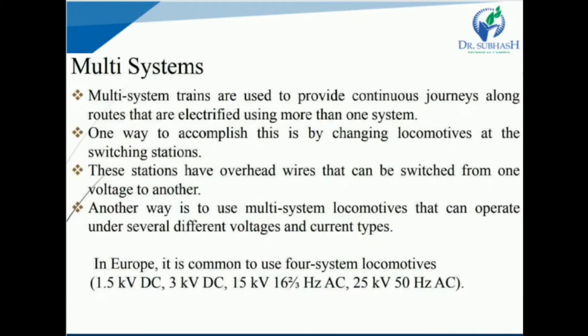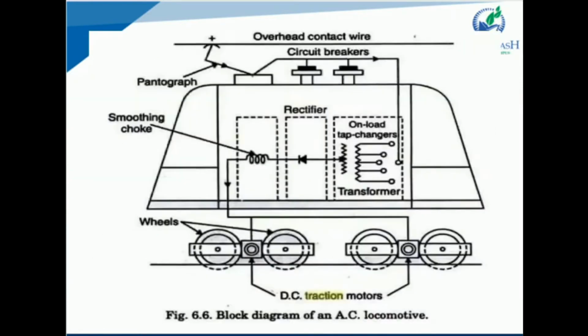In Europe, it is common to use four system locomotives. First is 1.5 kV DC, second is 3 kV DC, third is 15 kV and 16 2/3 Hz frequency AC supply, and the last one is 25 kV and 50 Hz AC.